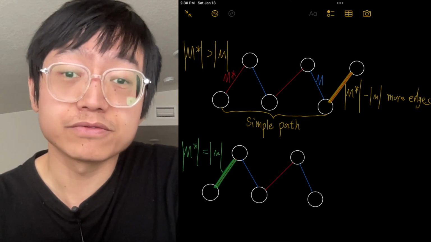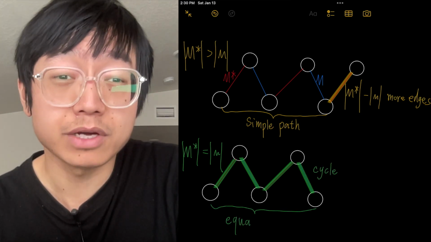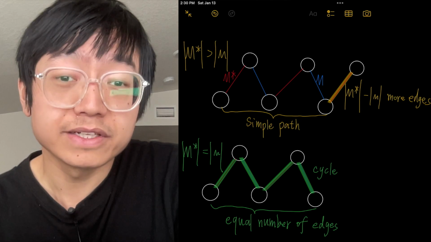Because each vertex in G prime is incident with at most two edges from E prime, these paths would be vertex disjoint.